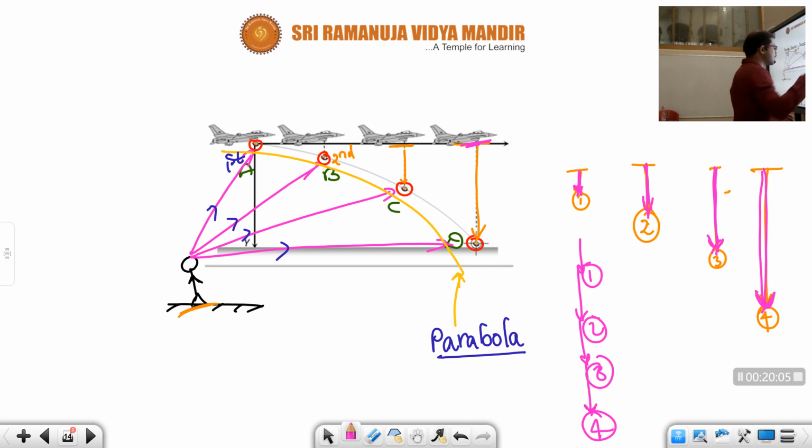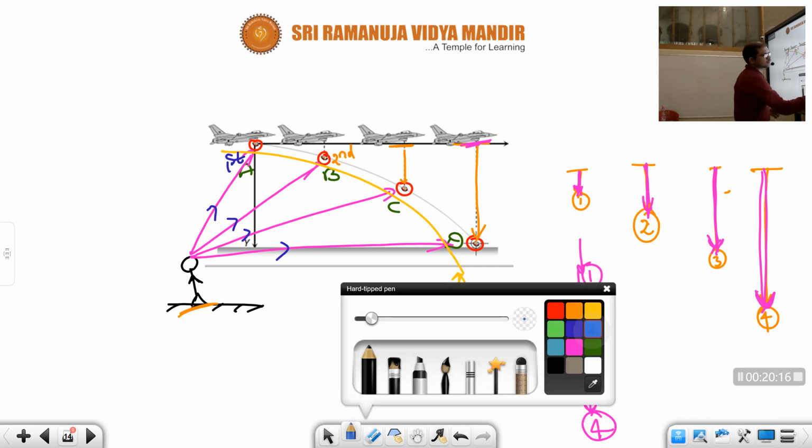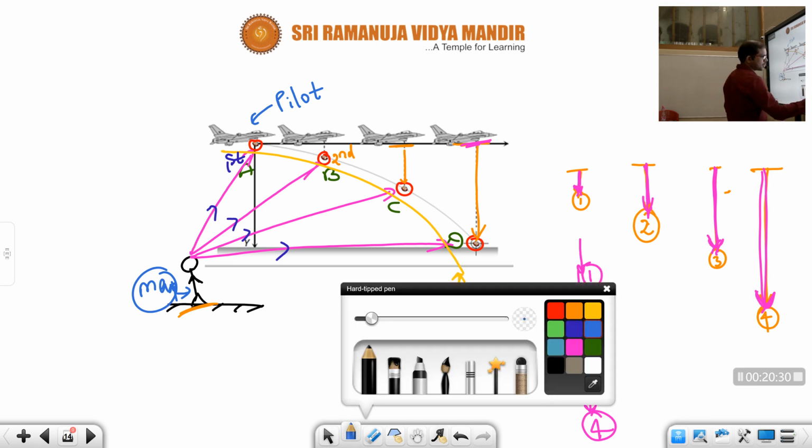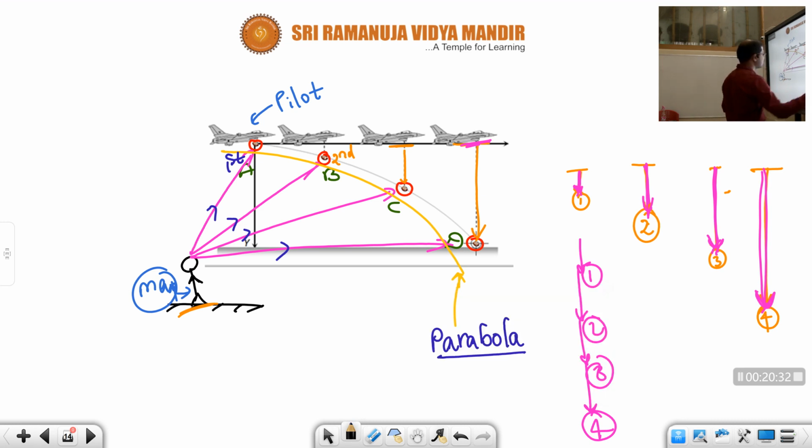Understood, children? For the pilot, how will it appear? How will that bomb appear for the pilot? As it is moving vertically down. Okay, children? He is some random person, a man standing, and inside here, the pilot will be there. Okay, children? Here, what did we understand?